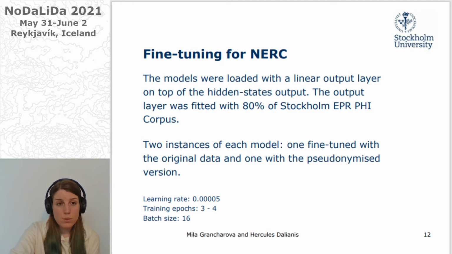For each of these models, we actually loaded two instances, where one was fine-tuned with the original data and one was fine-tuned with the pseudonymized version of the same data. We really didn't spend much time on hyperparameter optimization. We found that the models performed best after 3 to 4 training epochs, 3 for some of the models, 4 for some of the models. And of course, more details on this can be found in our paper.